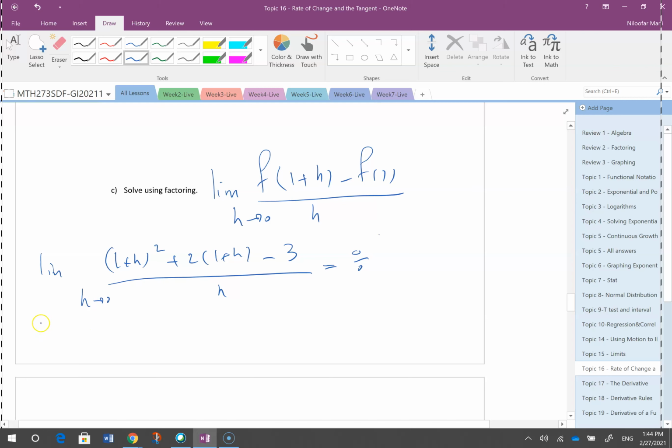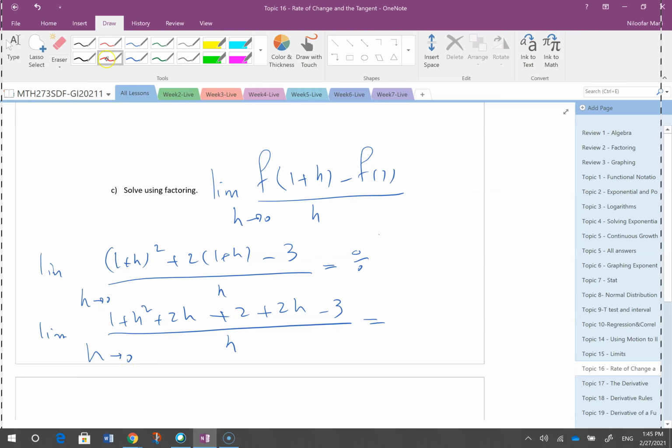So the limit of (1 plus h) squared, expanded by Pascal, plus 2 plus 2h minus 3, over h, as h goes to 0. Let's cancel 1 and 2 and this cancels with the minus 3. Then it is the limit of h squared plus 4h over h as h goes to 0.